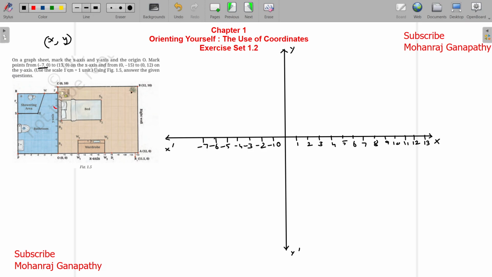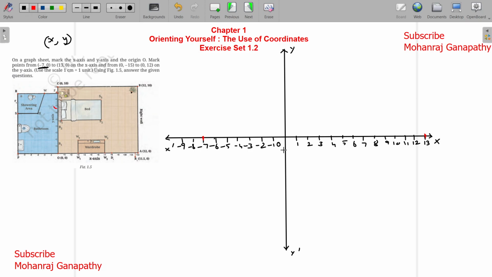They asked us to plot from minus 7 comma 0 to 13 comma 0 on the x-axis.